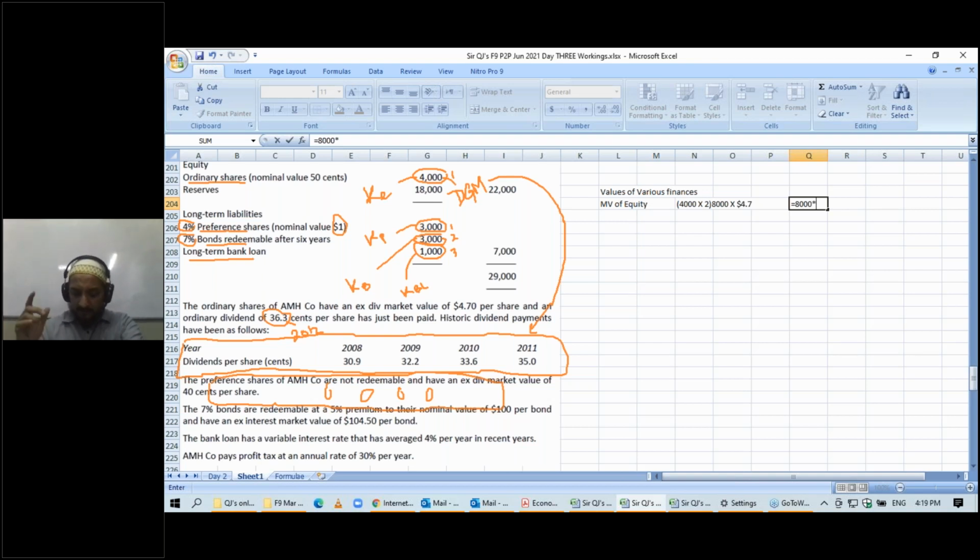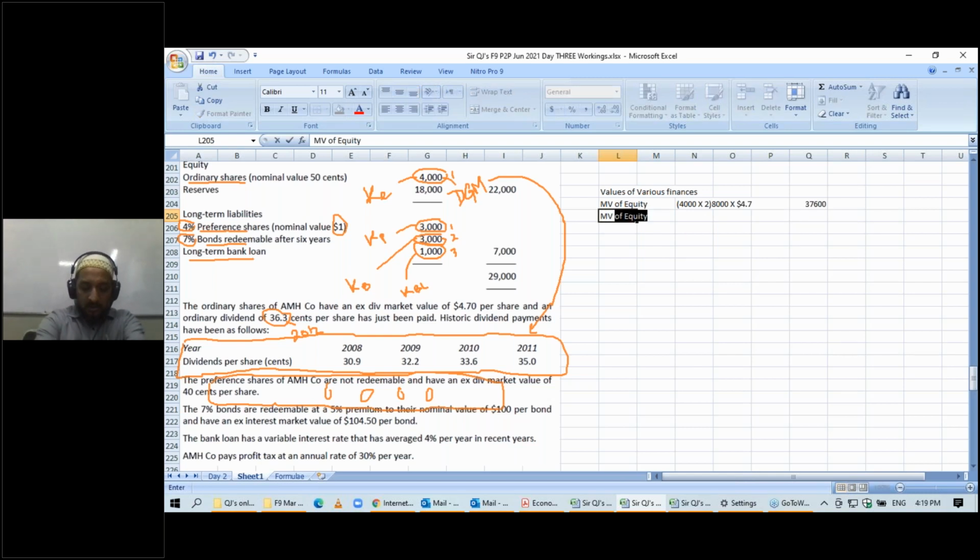Ex-dividend is the market price which prevails in the market immediately after the payment of the latest dividend. So 8,000 into the market price, which is 4.7, gives you 37,600, the market value of equity.